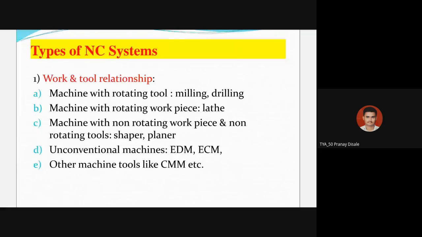This is a very interesting part. Machine with rotating tool: the tool will be rotating. An example is also given. In a machine with rotating tool, the workpiece is stationary and the tool will be in moving condition.